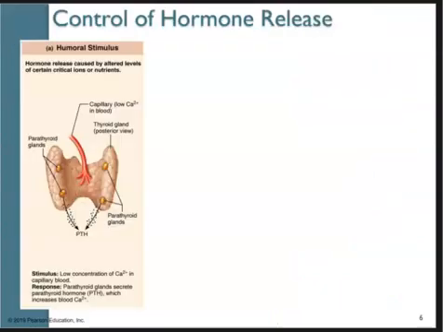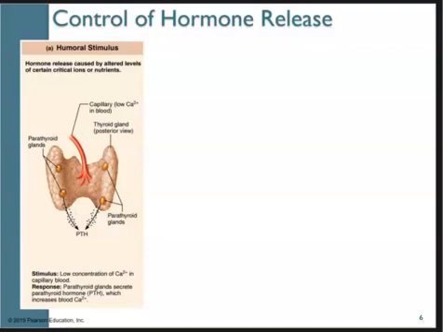Next, we're going to talk about how hormones are released. There are three ways in which hormones can be released. One is called humoral, the other one is neural, and the third one is hormonal. So humor is liquid, so anything in our liquids, for example, mainly our blood plasma, right?